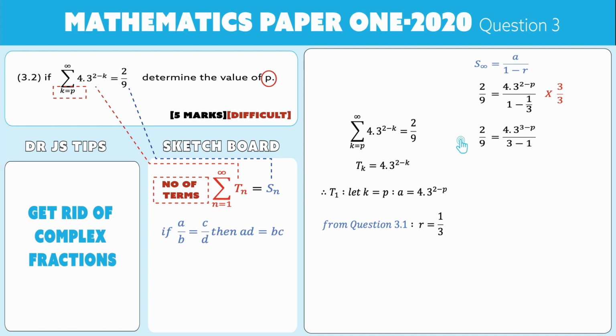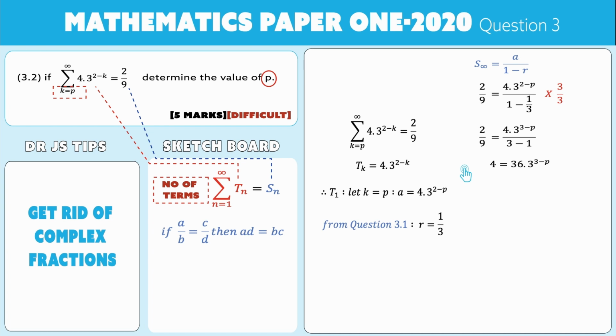3 minus 1 is indeed 2, and 2 times 2 is 4, which is equal to 9 times 4 is 36, multiplied by 3 to the power 3 minus p. 3 minus p is still in the power.